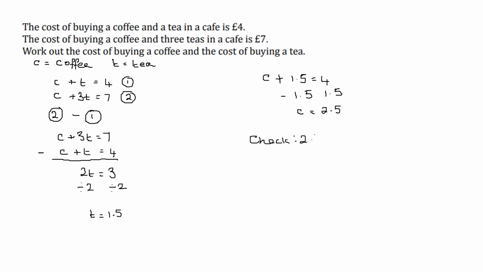So I'm going to do 2.5 plus 3 lots of 1.5, which will give me 2.5 plus 4.5, and that gives me 7. So I know that my solutions are correct.